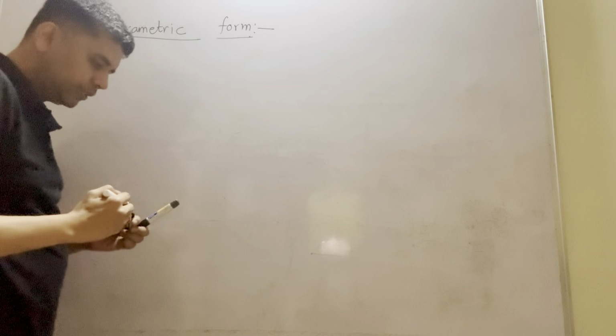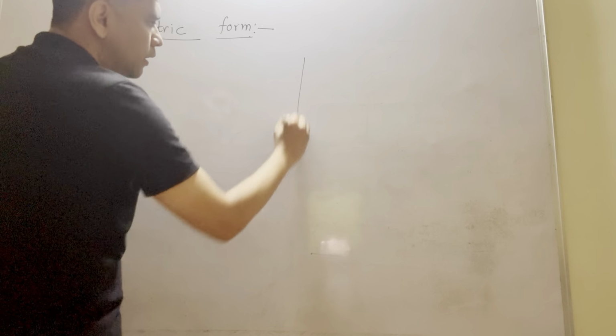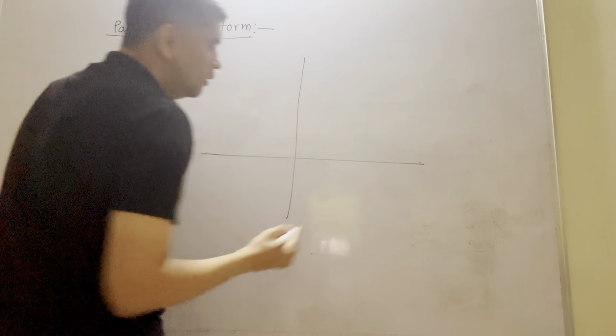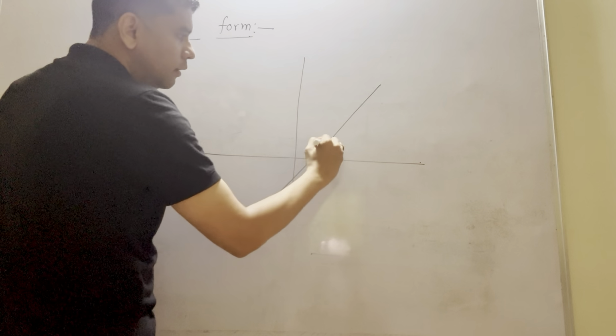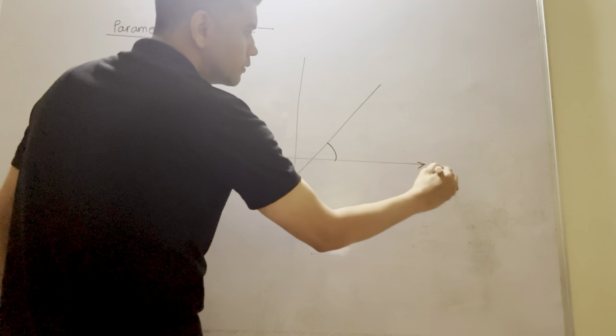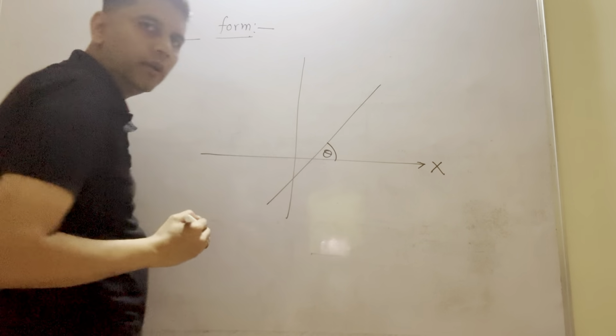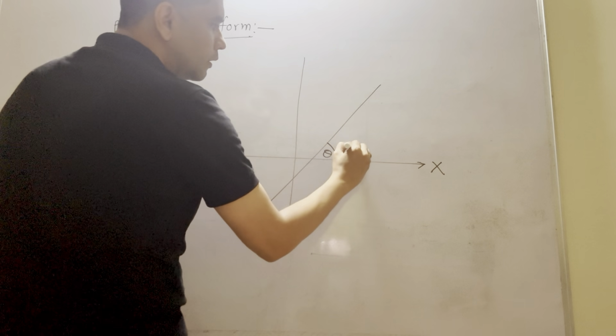Now, to understand the parametric form, let us look at the line here. Take any line and suppose it is making an angle theta with the x-axis. Okay, this theta is known as an inclination.